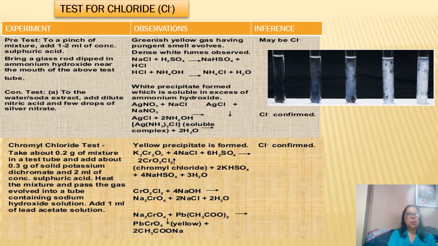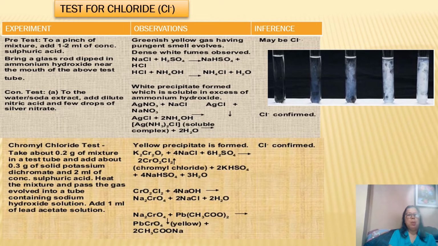Or if you dip a glass rod with ammonium hydroxide near the mouth of the above test tube and the greenish gas evolves, then you can also say that chlorine is present. The confirmatory test is the addition of silver nitrate. If you remember our first slide, the formation of a white precipitate claims that it contains chlorine, or it could contain silver, or it could contain sodium.